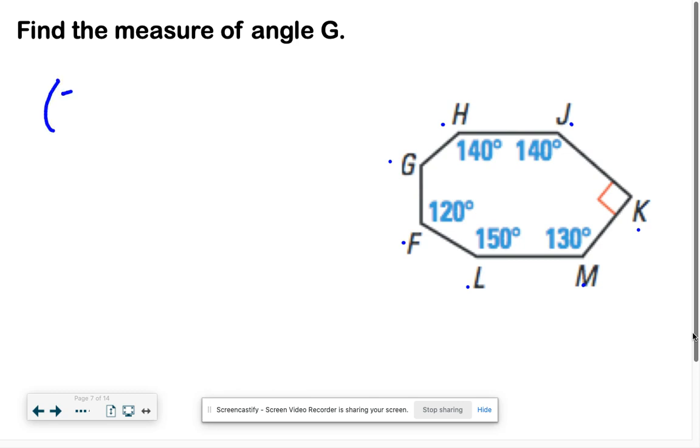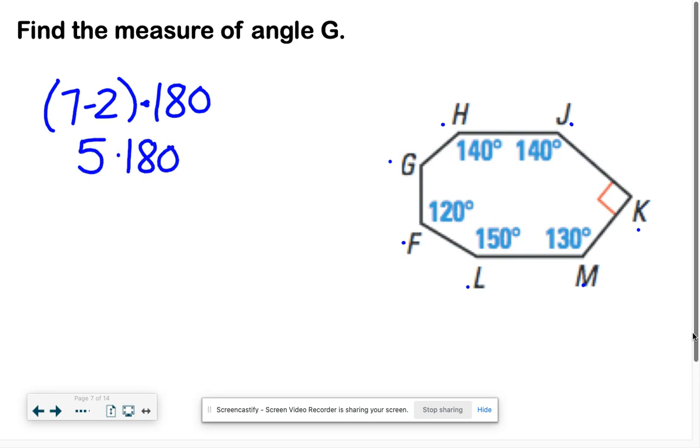So we're going to plug into our formula 7 minus 2 times 180. You can just type that in your calculator, or you can simplify it a little bit. So we know 7 minus 2 is just 5. 900? Perfect.